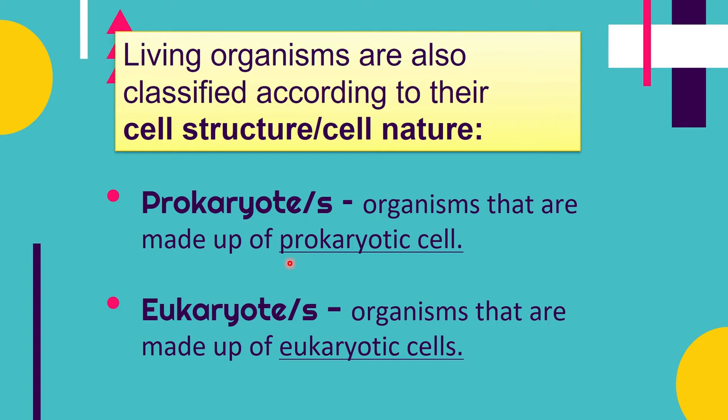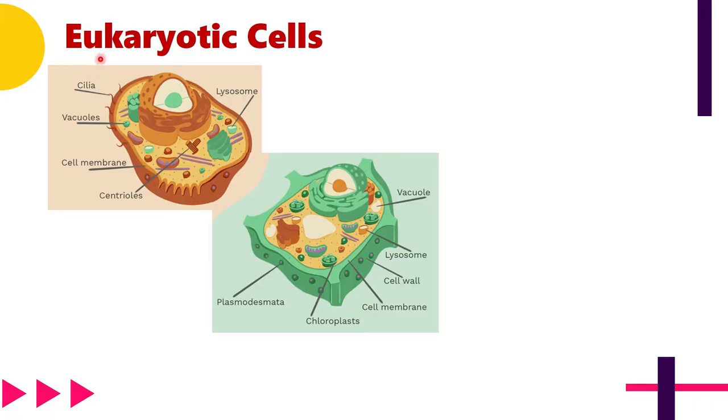So let us know what is a prokaryotic cell and also what is a eukaryotic cell. So first, let us go to eukaryotic cells. So I know na namoy idea about eukaryotic cells because in the previous module on lesson 2, we have focused on the different cell structures and their corresponding functions on the two types of eukaryotic cells.